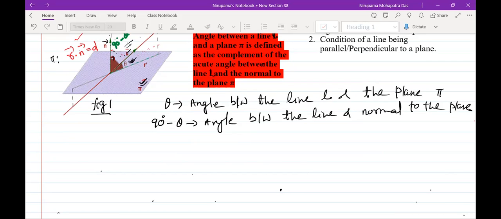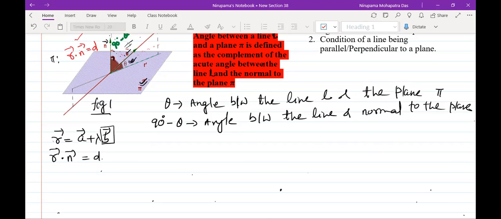As I told you a few minutes back, we are familiar with finding the angle between two lines. Here we are given r equal to a plus lambda b, this is the line, and r dot n vector equal to d, this is the plane. 90 degree minus theta is the angle between the line and the normal to the plane, and the line is parallel to the b vector.